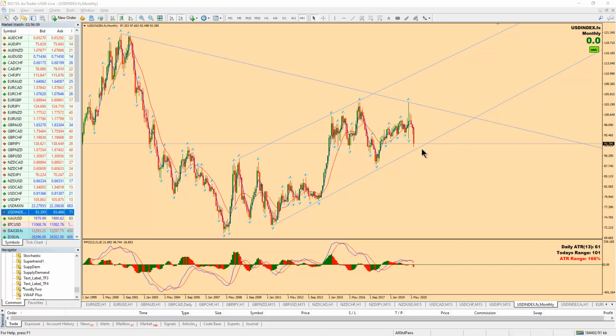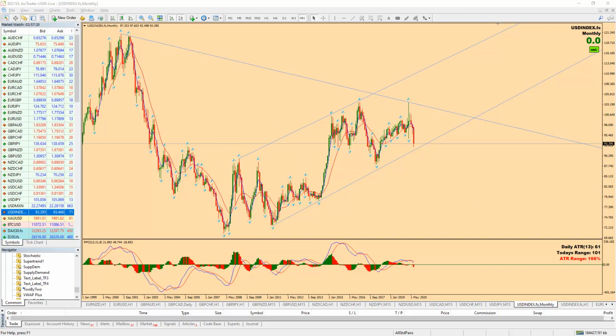So the first thing we do is take a look at the US dollar futures index, and this is what I'm doing here on the monthly time frame. So we're in an overall channel on the monthly, and this chart here on MT4 does not give me the entire picture.